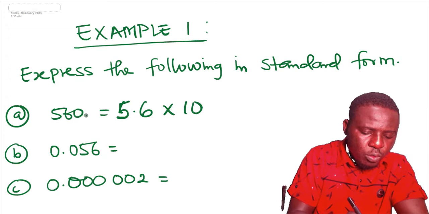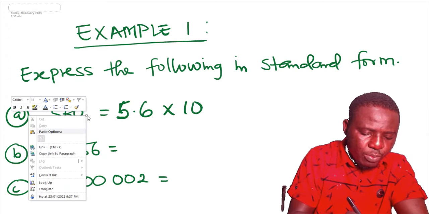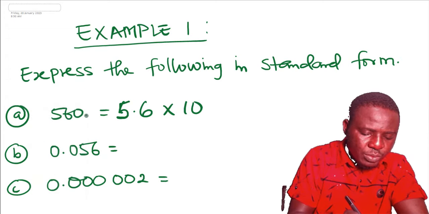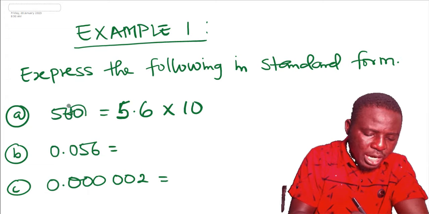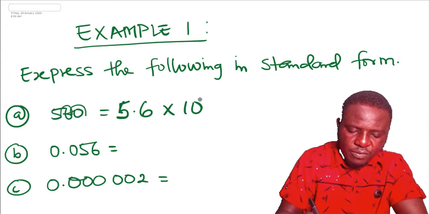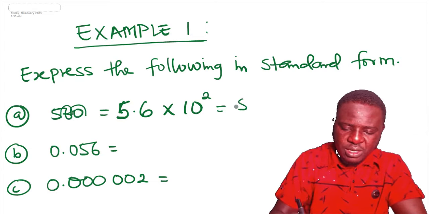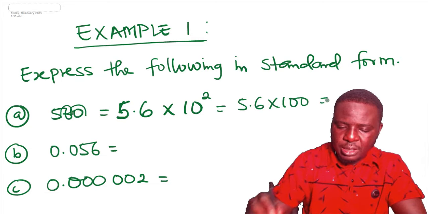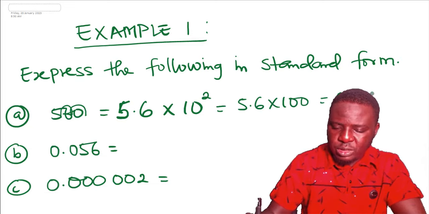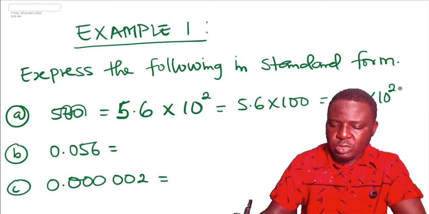That will be 2, because at the initial stage the decimal point is said to be here, so you move it 2 times and it becomes 5.6 times 10 raised to the power of 2, or you can express it as 5.6 times 100, which can also be written as 5.6 times 10 raised to the power of 2.